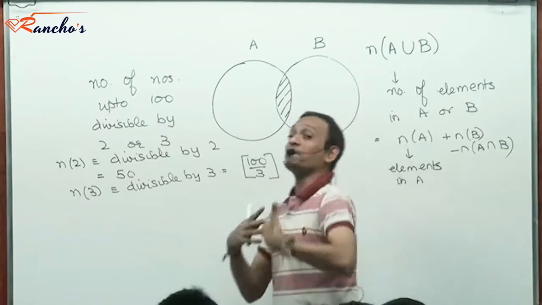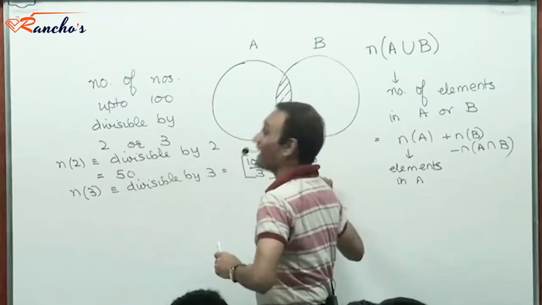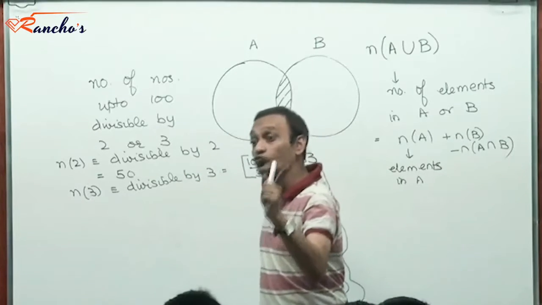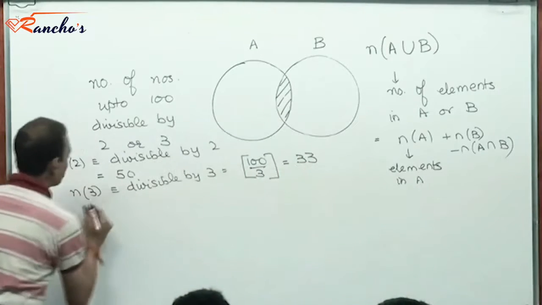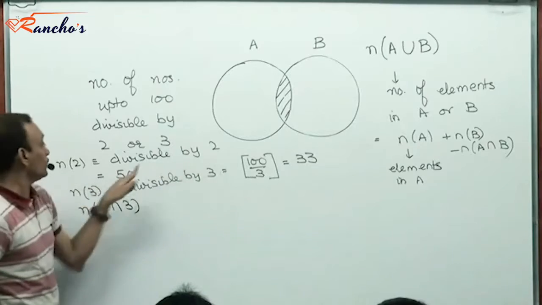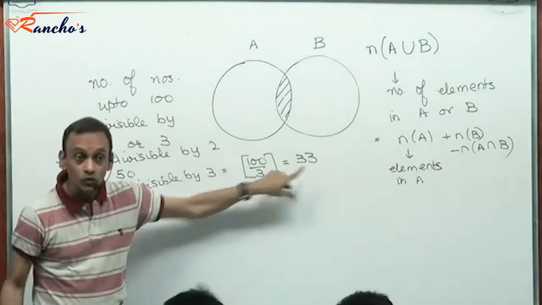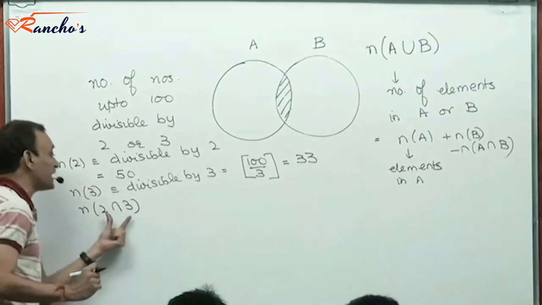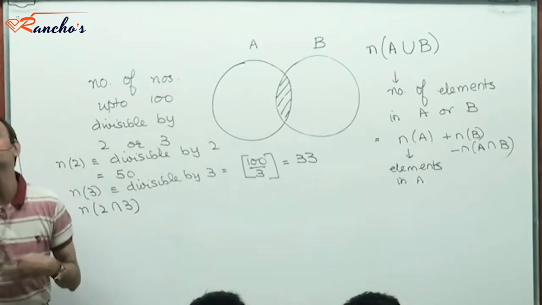All those numbers that are divisible by 6 are included here as well as included here. That means those numbers are counted twice. That means the numbers that are divisible by 2 and 3 are included in this 50 as well as included in 33. Those numbers are included twice: numbers that are divisible by 2 and 3, that means numbers that are divisible by 6.